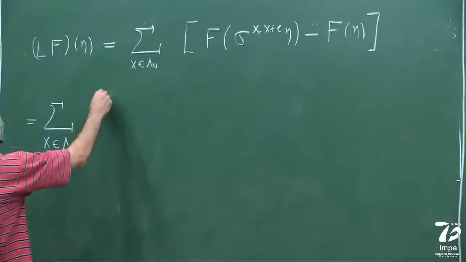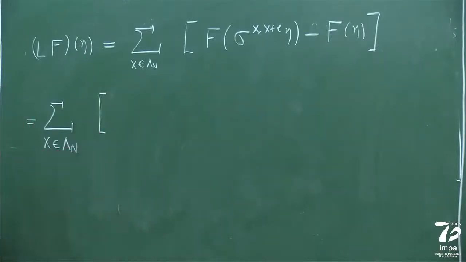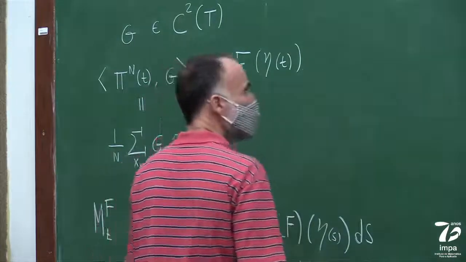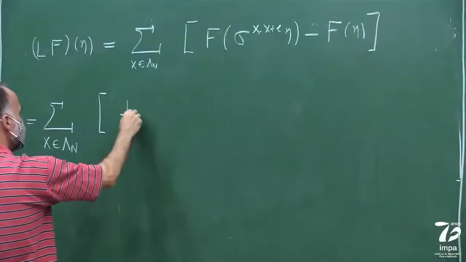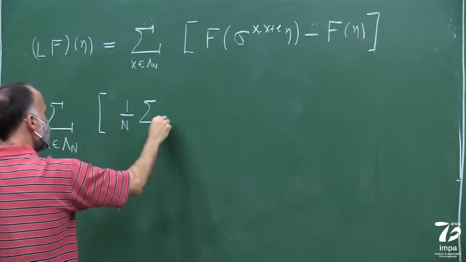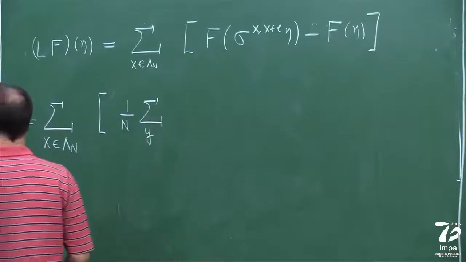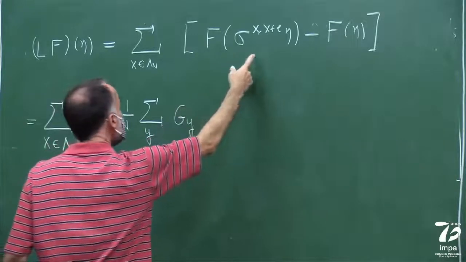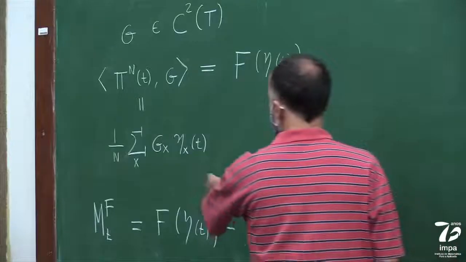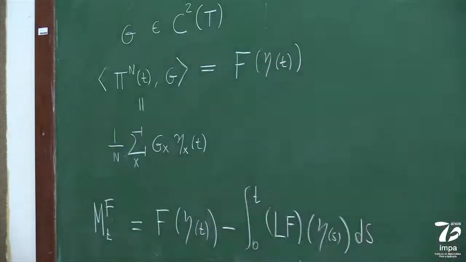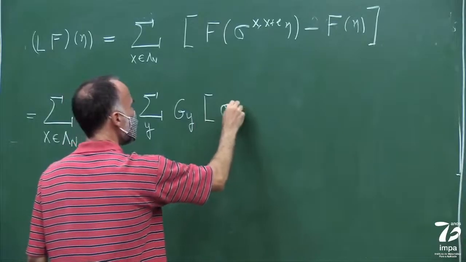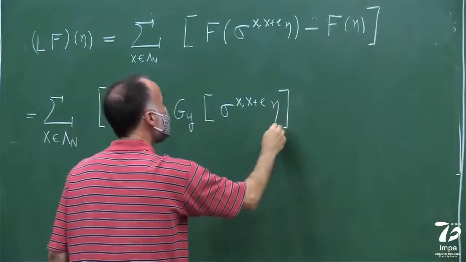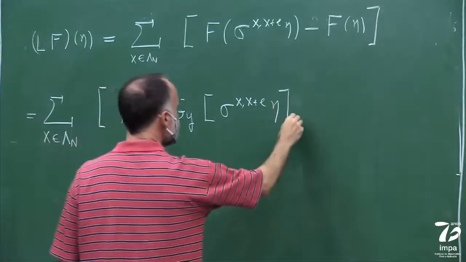So let me replace this x by y. So it's 1 over n, a sum over y of g y, but now I'm computing not at eta, but at sigma x, x plus e of eta, and this is computed at y.